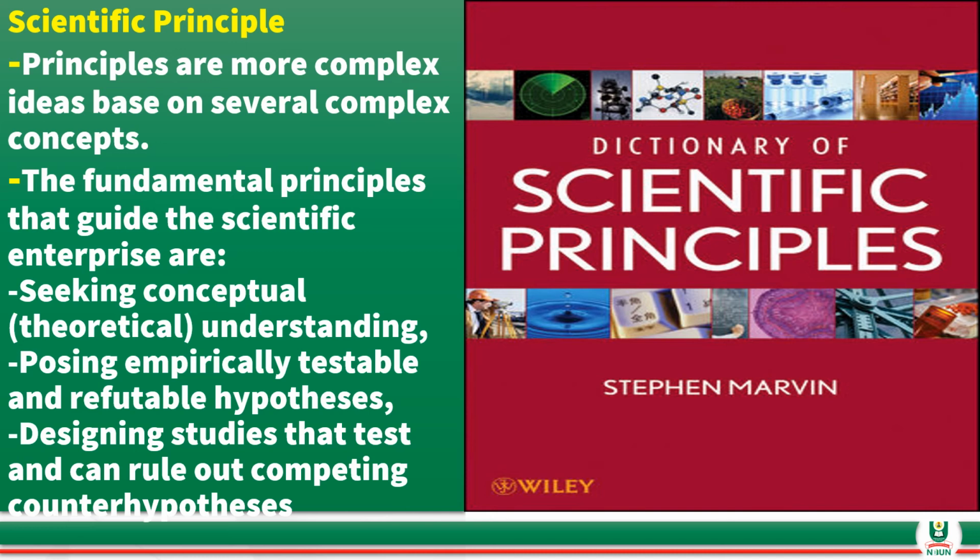Posing empirically testable and refutable hypotheses. You get that now? Empirically testable and refutable hypotheses. So that is part of science. You don't just come and put up a fact. They must follow these scientific principles. Designing studies that test and can rule out competing, counter hypotheses. So this is just a brief explanation.